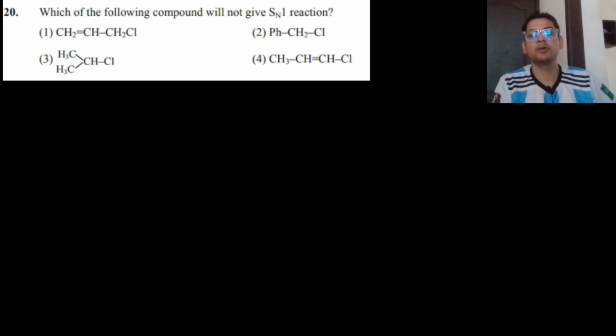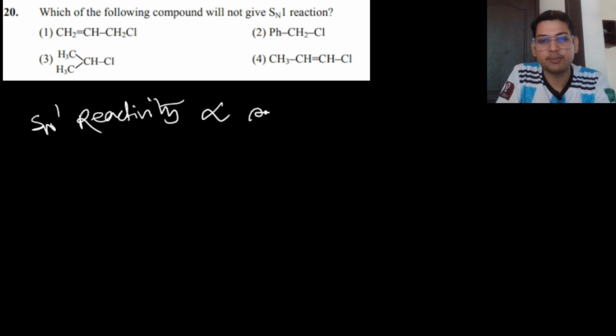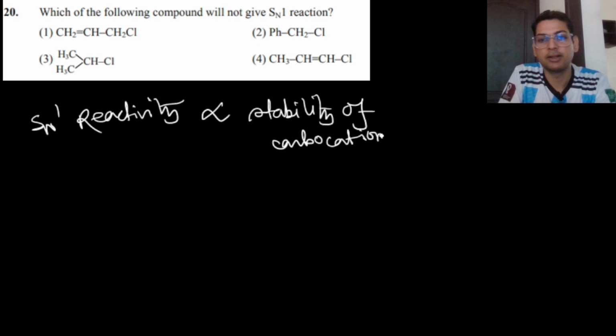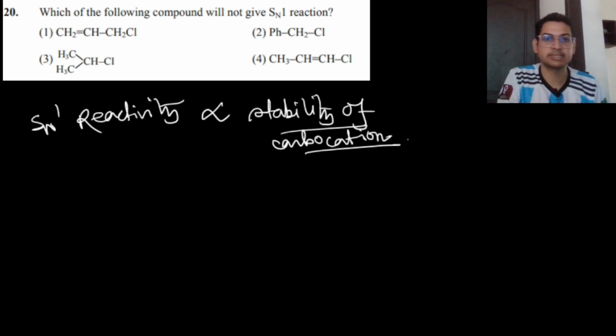Which of the following compound will not give SN1 reaction? SN1 reactivity is, we can say, related to stability of carbocation. Okay, but we don't have to go this far.